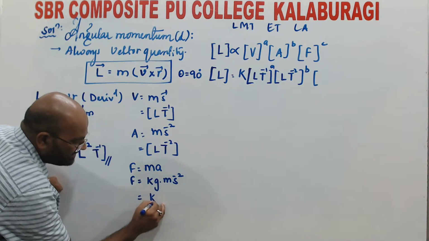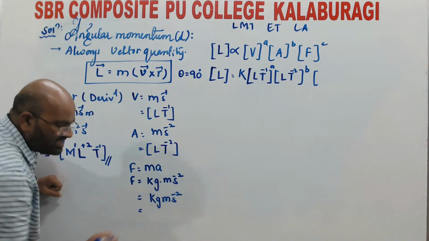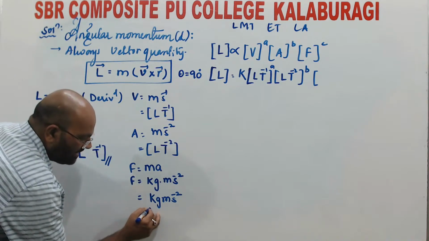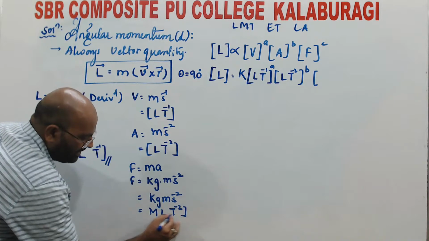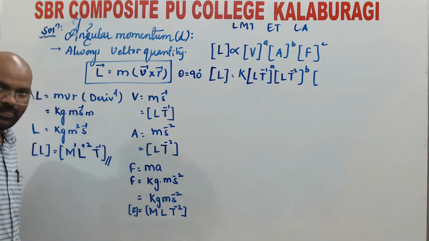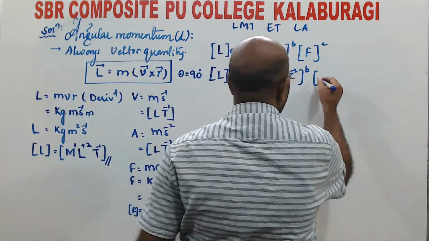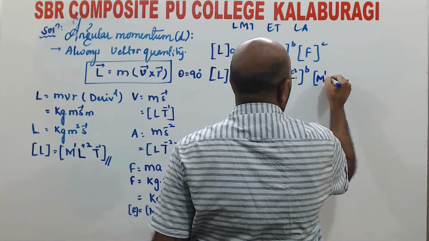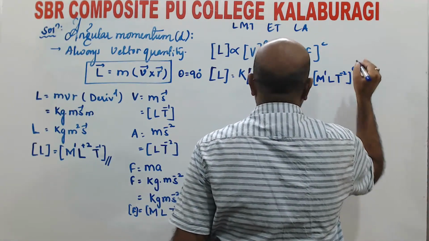This is kg meter per second square. Kg can be given as 1 in mass, 1 in length, minus 2 in time. So this is the dimension of force. We got the force dimension. Then substitute here the force dimension: 1 in mass, 1 in length, minus 2 in time.